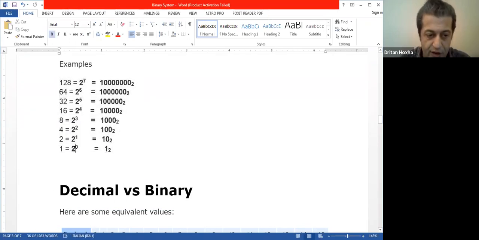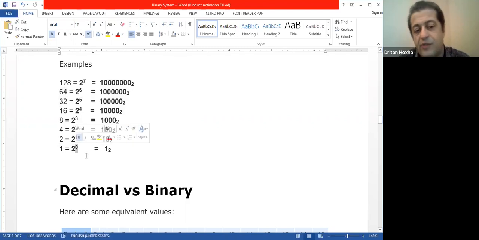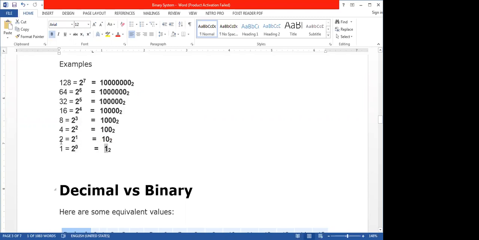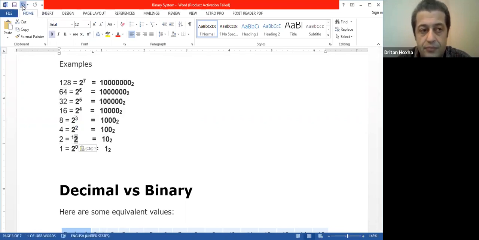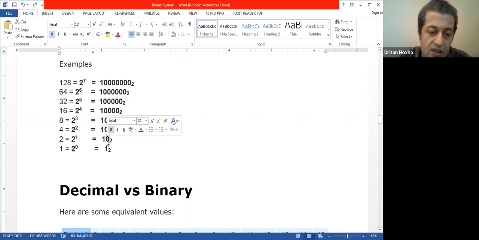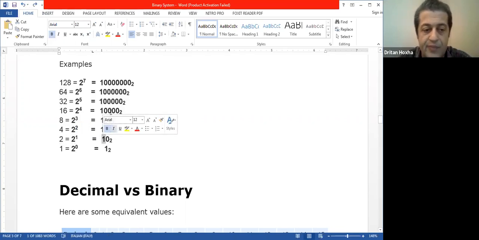Now the powers of 2. If we want to write the number 1, we simply have 2 at power 0. Every number at power 0 gives 1. So we simply write only 1. If we want to write the number 2, 2 is 2 at power 1. So we write it as 1 0, 0 ones and 1 two, as I said before.